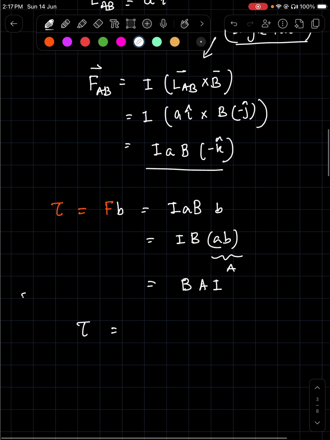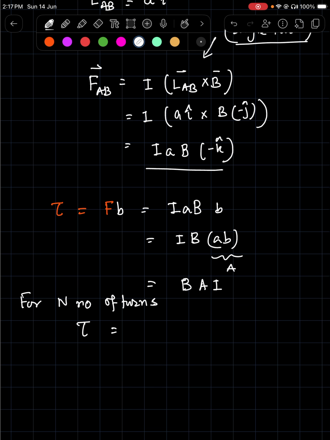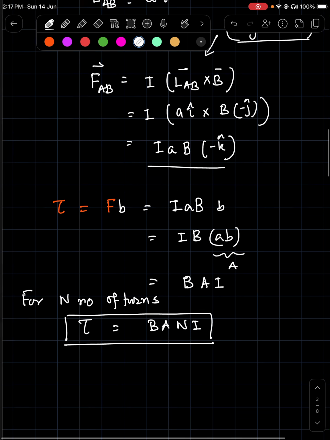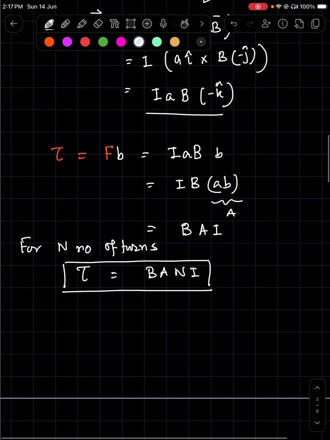So for n number of turns, the torque becomes, I'm just going to multiply by n, BANI. So this is the torque. But we have to remember it is not at all a general torque formula because we have taken a very special case when the plate is parallel to the magnetic field.